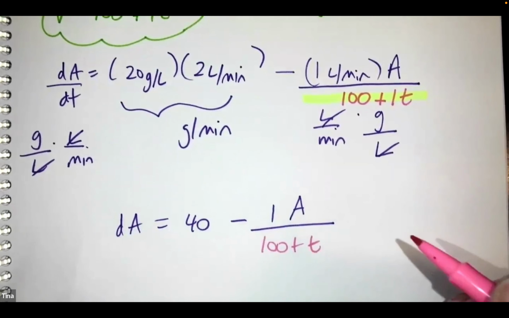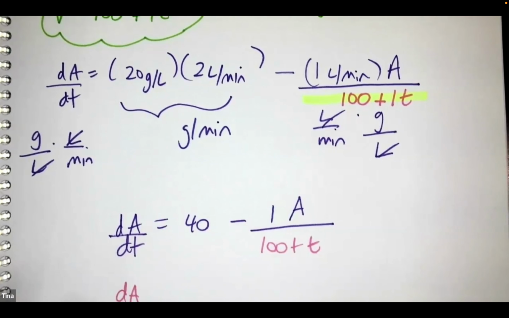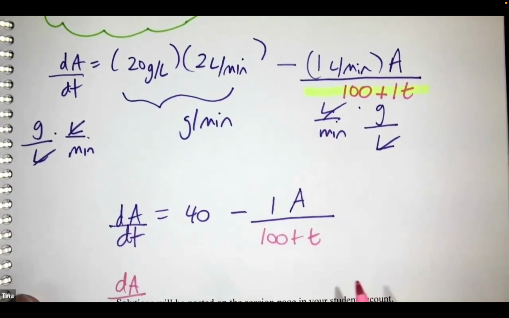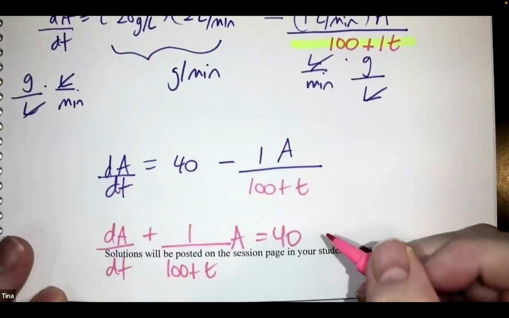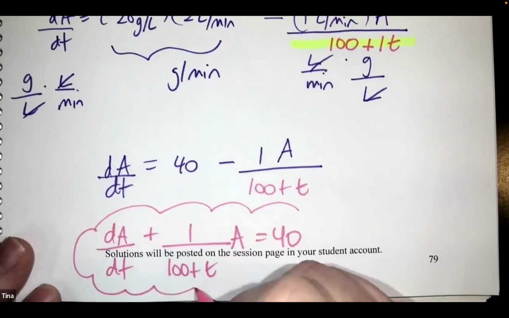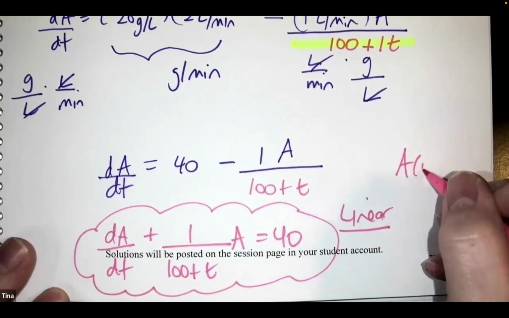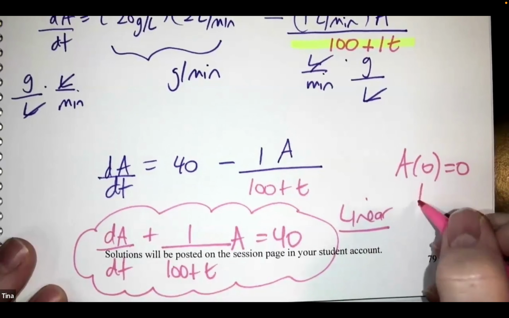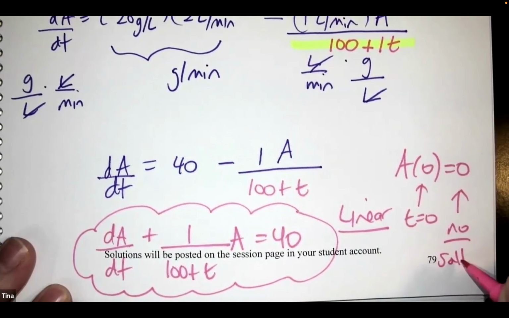So this is our equation, and it's going to be a linear equation because if I move, so this is dA by dt, if I move this term across and make it plus 1 over 100 plus t times A equals 40, you should be able to tell that it would be linear now, right? And our initial condition is A of 0 is 0 because at time 0, there is no grams of salt.